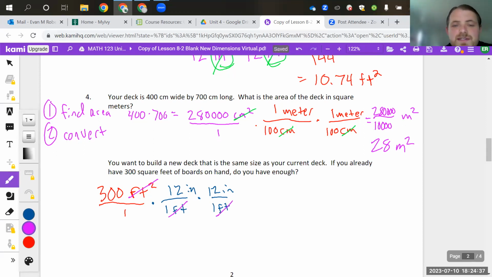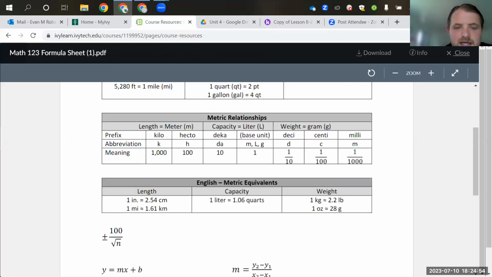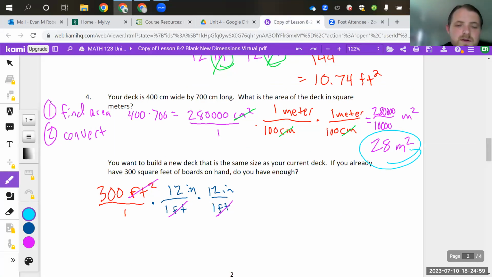So I can either go all the way to meters if I want, or I can just go to centimeters squared since I know it's 280,000. Either way really works. I'm going to use what's in our formula sheet, that it's 1 inch for every 2.54 centimeters.